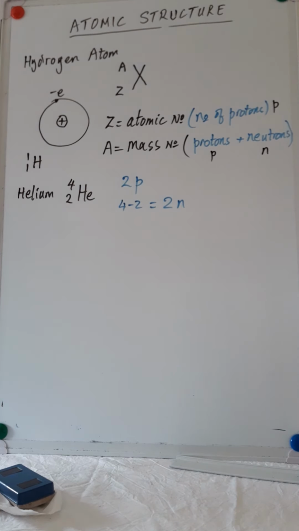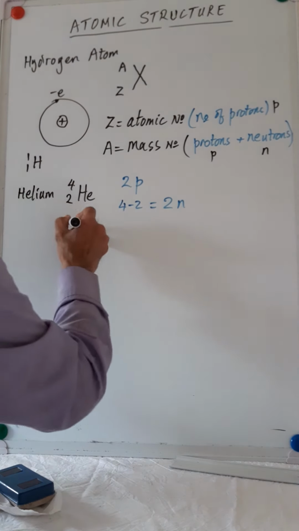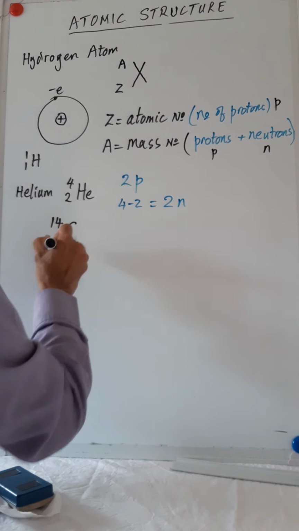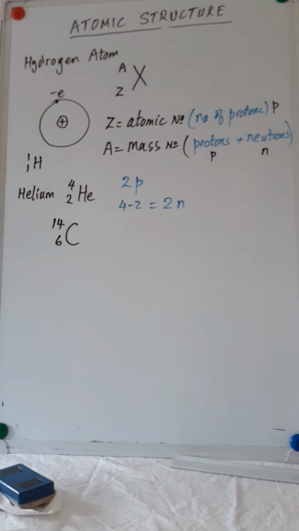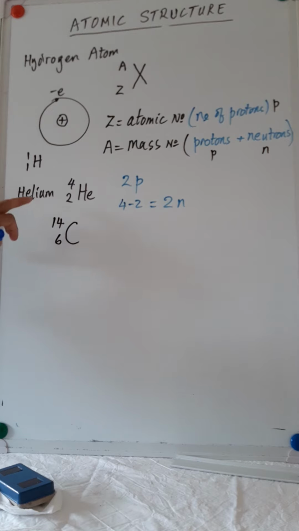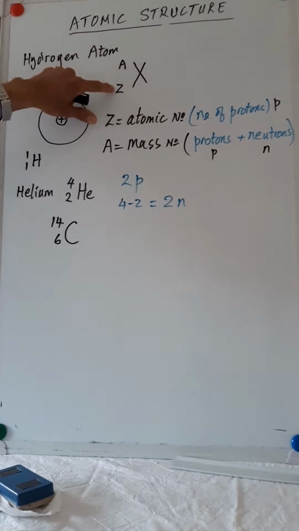Now, different elements can be written like carbon 14, 6. There's an isotope of carbon which is carbon 14. How many protons and how many neutrons will that have? Well, Z stands for the number of protons.